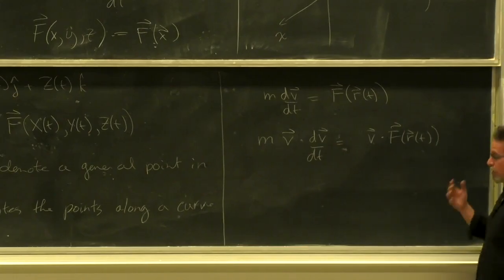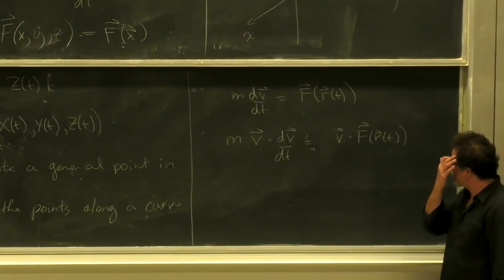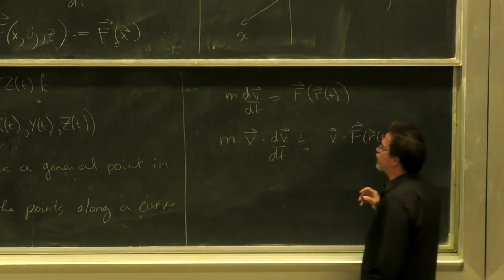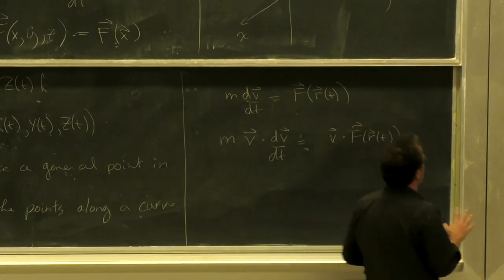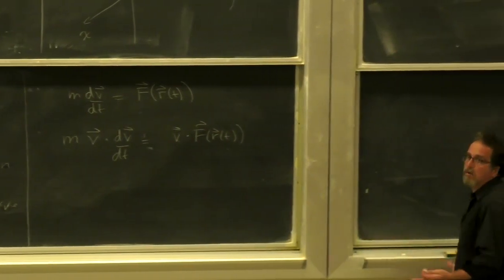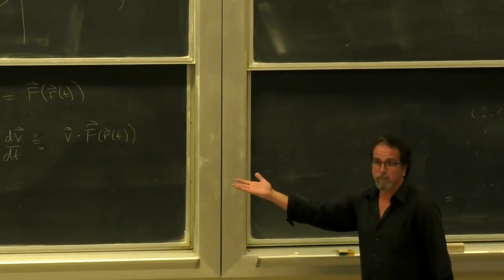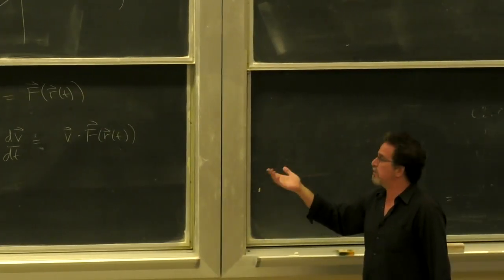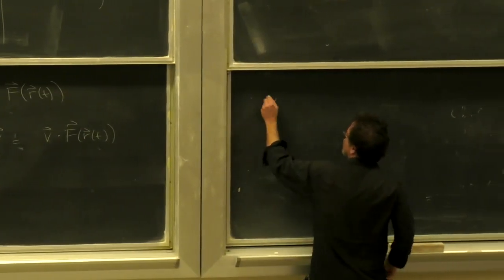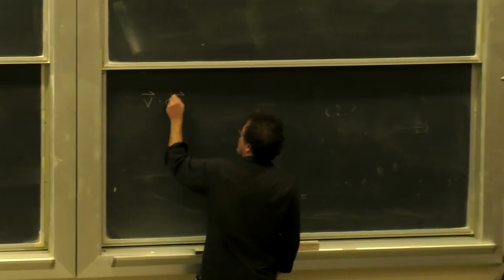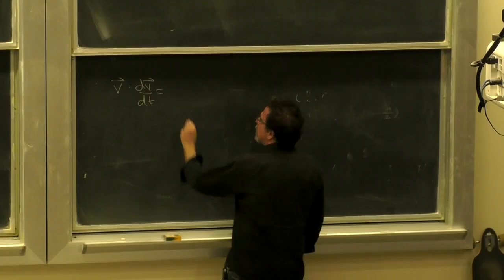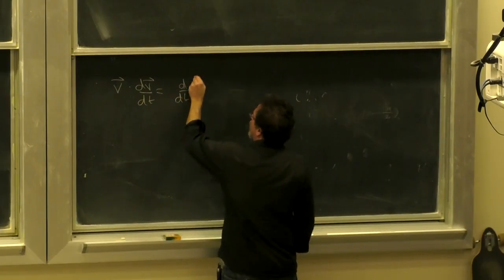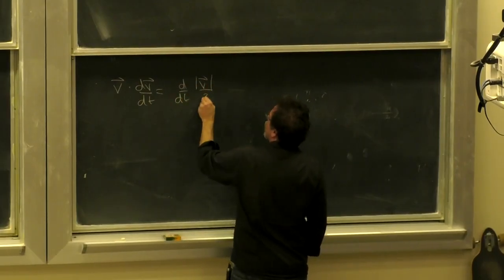Okay. Now, we have to make an observation. Okay? And the observation we make is the following. We make an observation of the chain rule. The observation is this. v dot dv/dt is equal to the time derivative of the magnitude of v squared over 2.